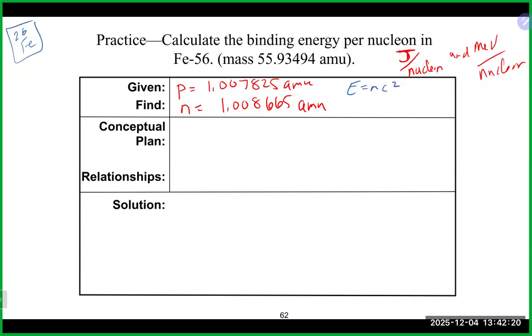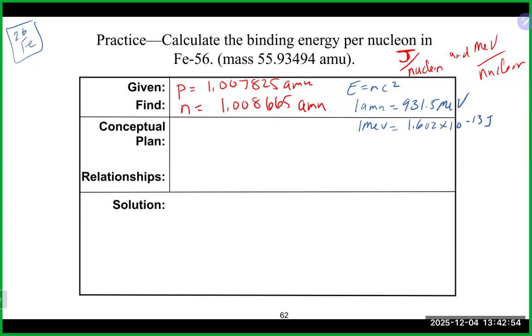You could also use those conversions that we saw that are based off of it, like 1 AMU is 931.5 mega electron volts. They both should give you pretty much the same answer, maybe slightly different if you do a little bit different rounding. You also could use that a mega electron volt is 1.602 times 10 to the minus 13 joules.